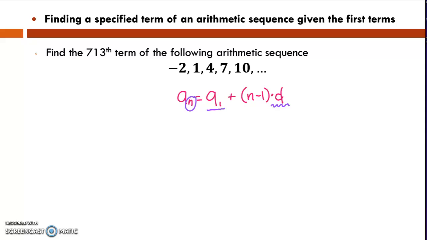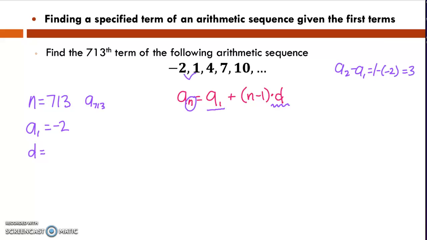So the term that I'm trying to find, n, is 713, right? Because I'm trying to find the a sub 713 or the 713th term. My first term, a sub 1, is just negative 2. And then D, what is my common difference? Well, I can say a sub 2 minus a sub 1 equals 1 minus negative 2, which is 3. Or I can say, what am I doing between each term? I'm adding 3. So my common difference is 3.